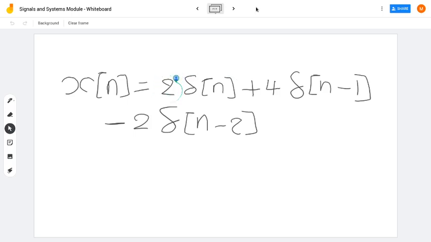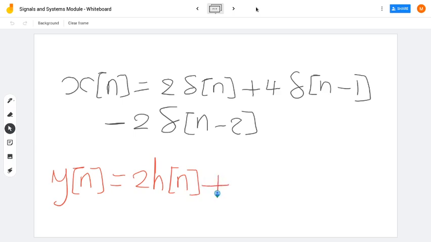So, basically, the output in this case would be 2 times h of n plus, this shifted impulse delta of n minus 1 will give us a shifted impulse response h of n minus 1 because the system is time invariant.